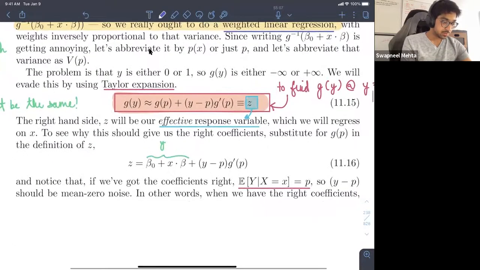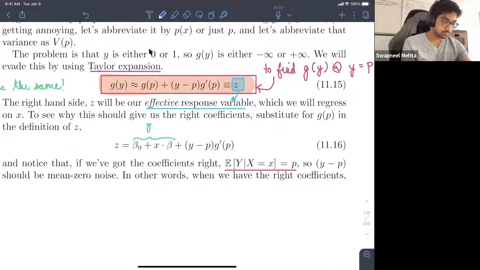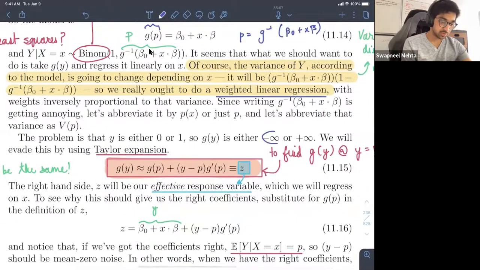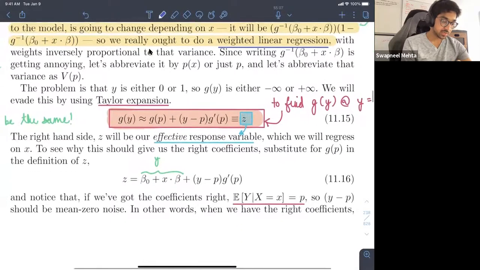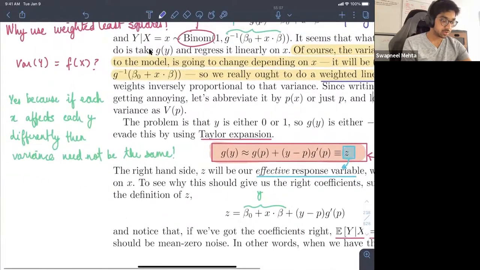The problem with y being either 0 or 1 results in g of y being either minus infinity or plus infinity. We will evade this using a Taylor expansion, and this part is a bit unclear to me.